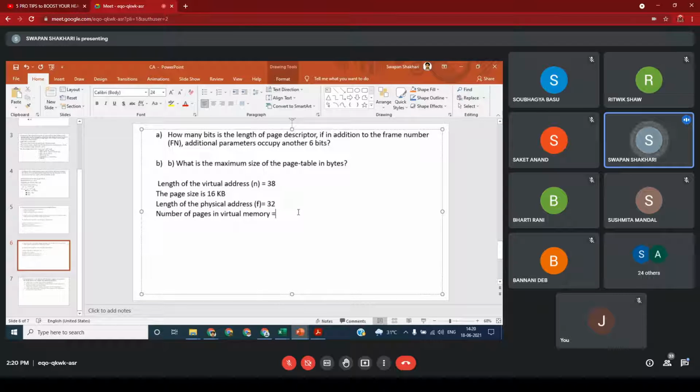How will we calculate? We know 2 to the power 38 divided by 16 KB.